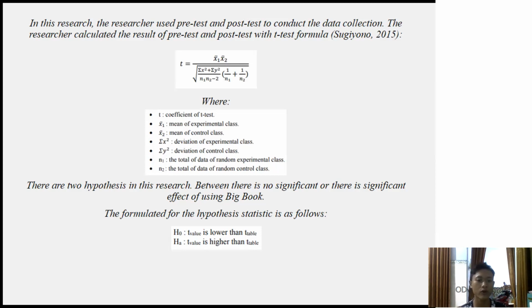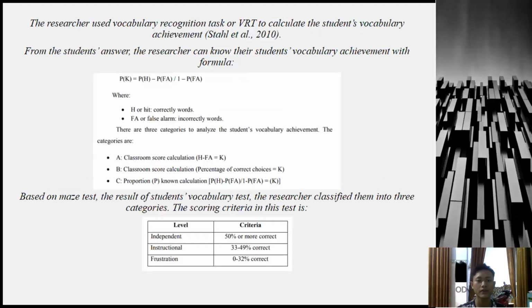The formula for the hypothesis statistic is as follows. All right, next. The researcher used the vocabulary recognition task, or VRT, to calculate the students' vocabulary achievement. And the formula, you can see in this PPT.